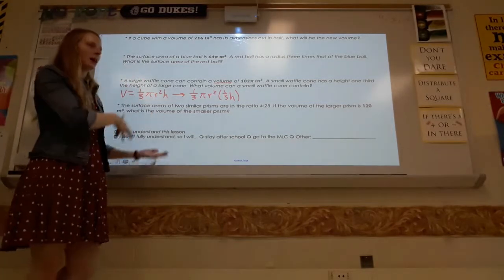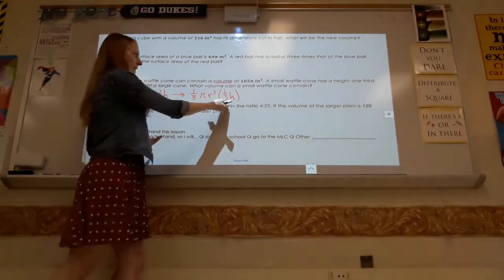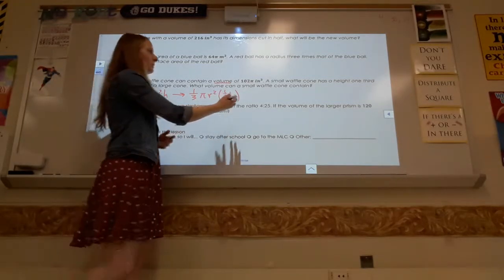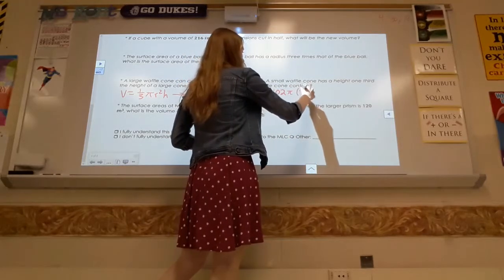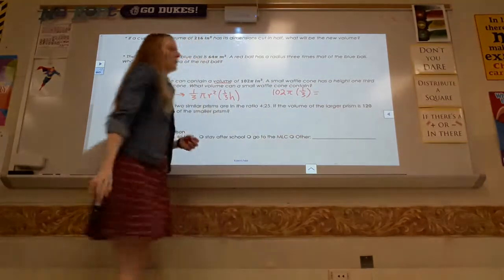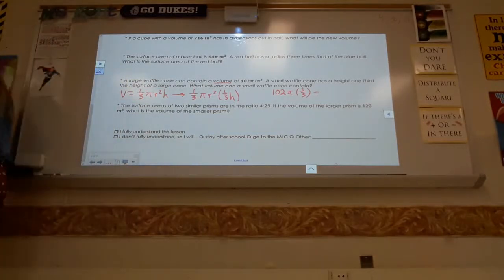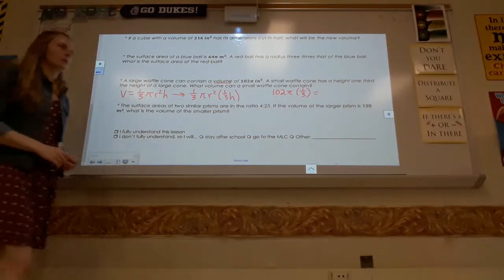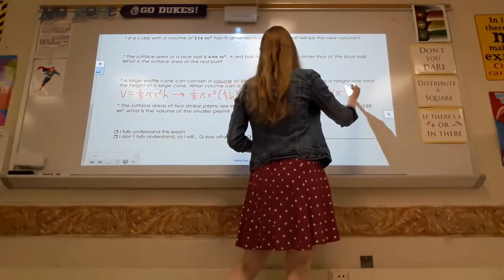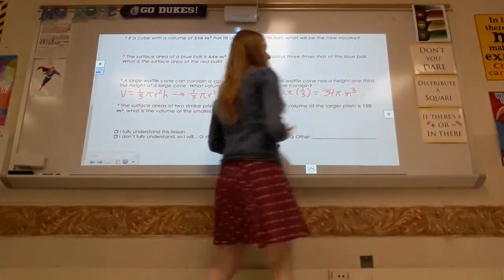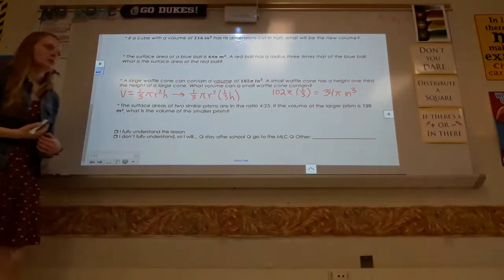So if you're making the height 1/3, then the change would be 1/3 for the volume. So if the original volume was 102 pi, you want 1/3 of that, which is 34 pi inches cubed.